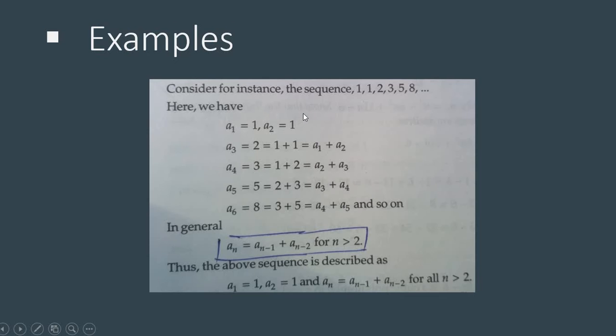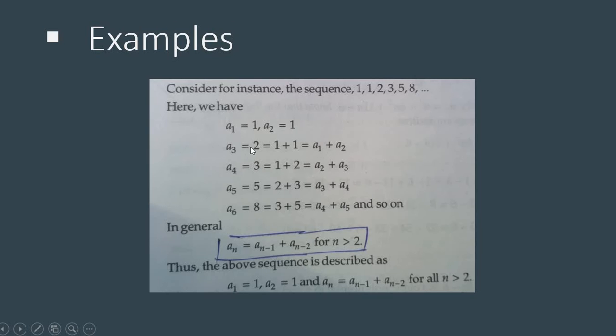If you look at this sequence, you may easily see that the next term is the sum of the previous two consecutive terms. As given here, A3, the third term, is 2. It is the sum of the two previous terms, A1 plus A2. So when we add the two previous terms, we get the next term.